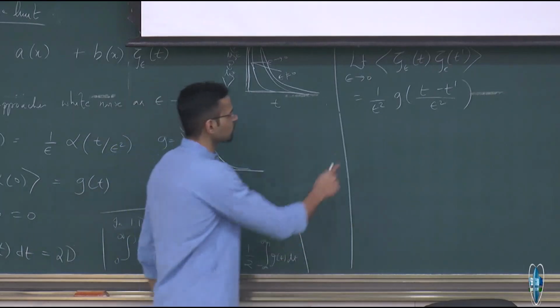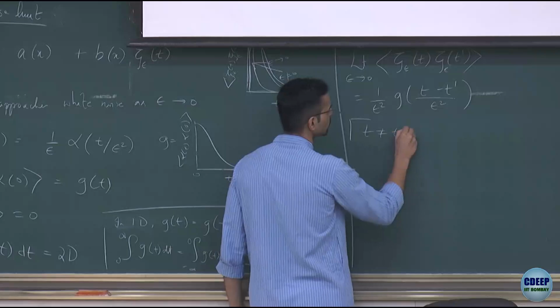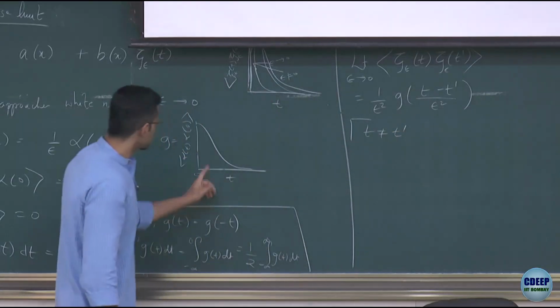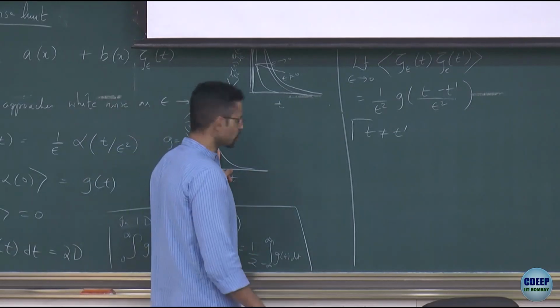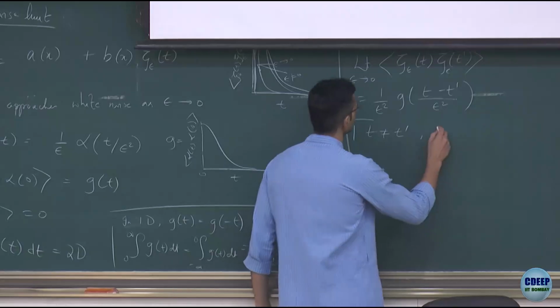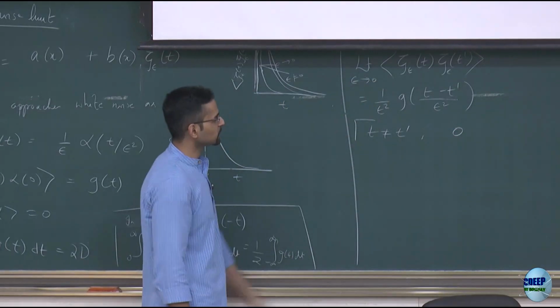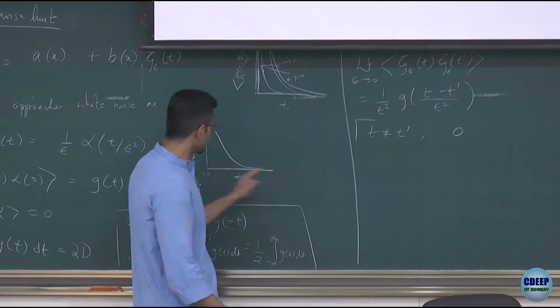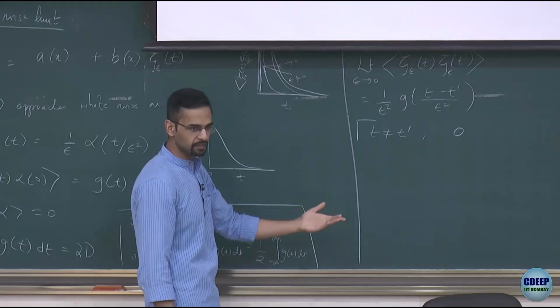Okay. And so now you can see that, let's do an exercise. If t is not equal to t prime, then I'm sitting somewhere here, right, at some finite value. And as epsilon squared goes to 0, that effective coordinate will go off. So I'll just get 0 as the answer. Because I'll get g of infinity, and g of infinity is obviously 0, because I'm taking some process which is decorrelated.